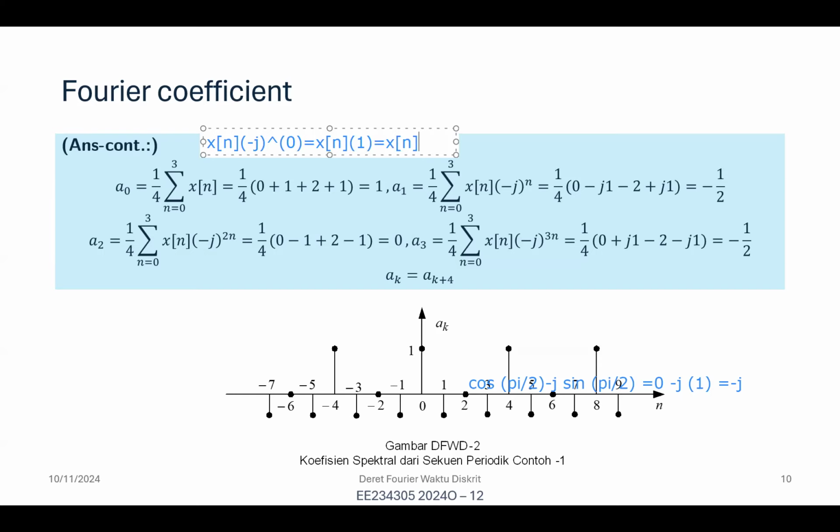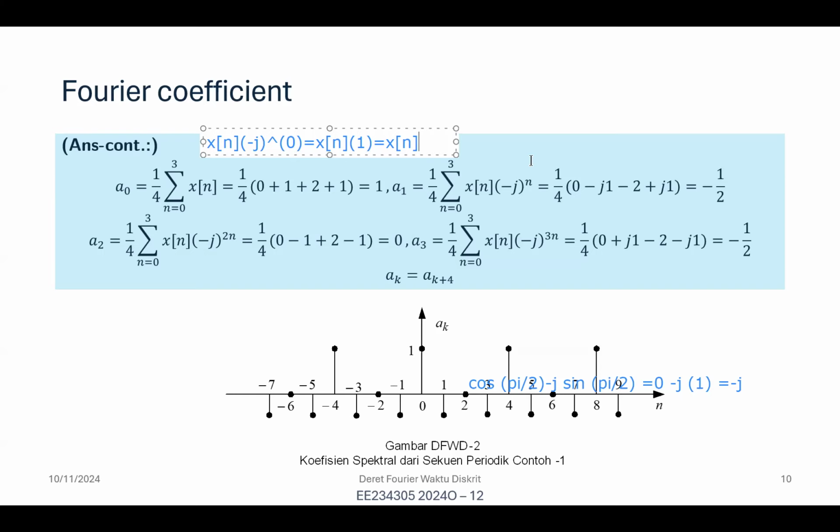So we just plug in those values, and that's multiplied by 1/4, the period being 4. So here A0 is 1.